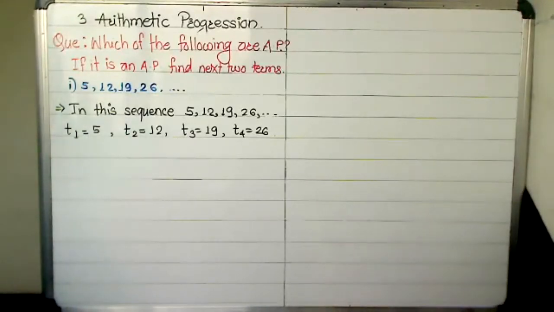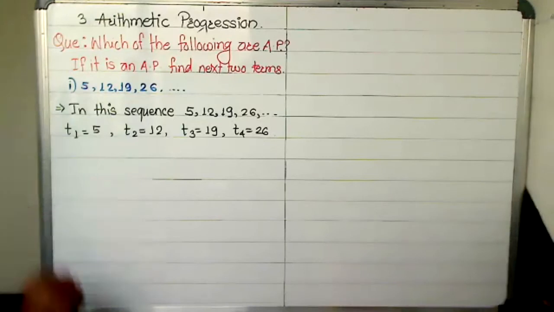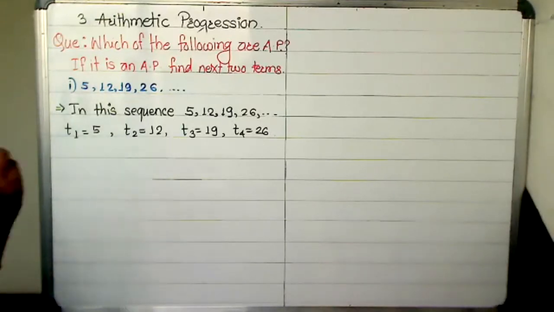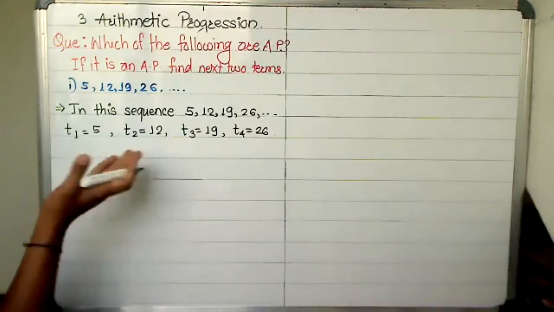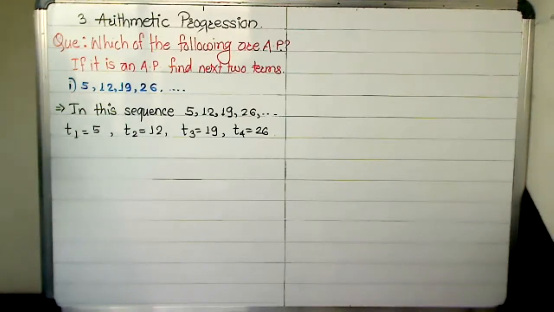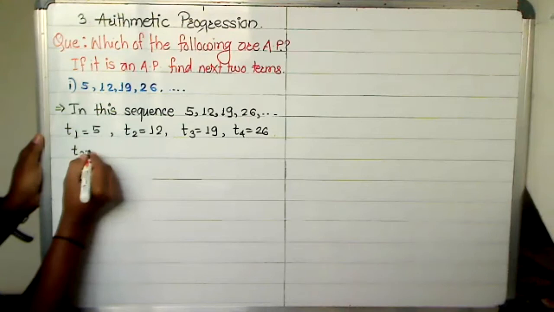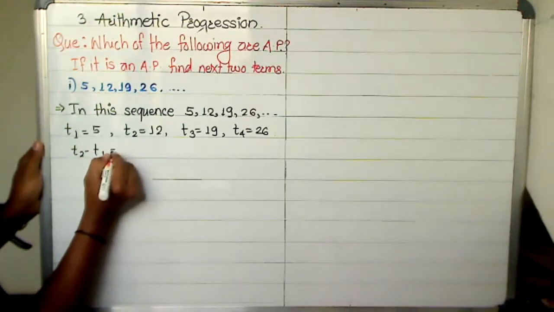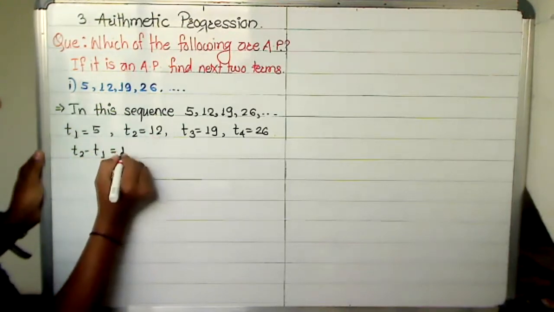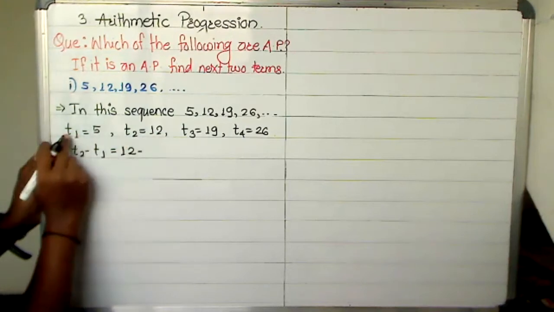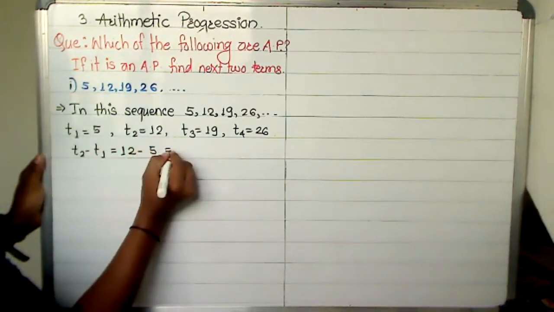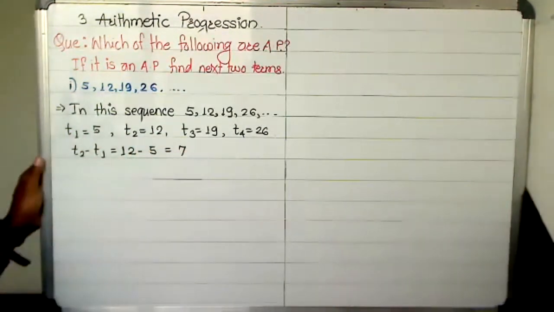Now we have to find the difference between two consecutive numbers. How can we find it? Just by simply subtracting the two consecutive numbers. T2 minus T1: the value of T2 is 12, the value of T1 is 5, so 12 minus 5 is 7.